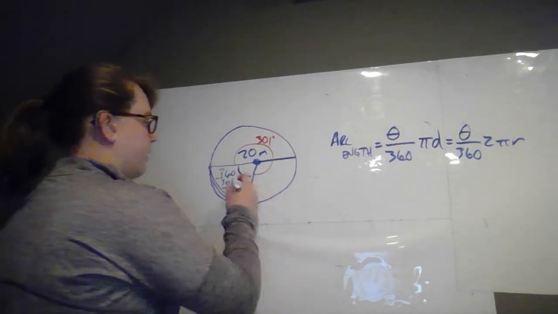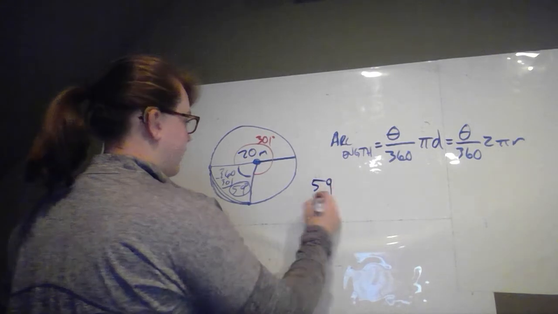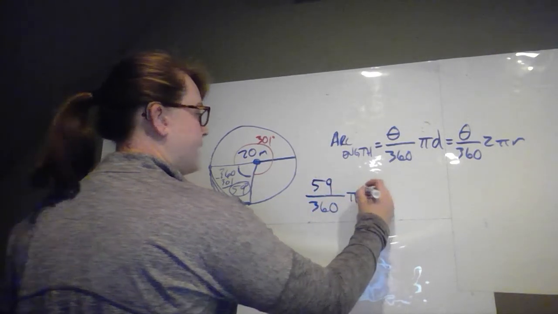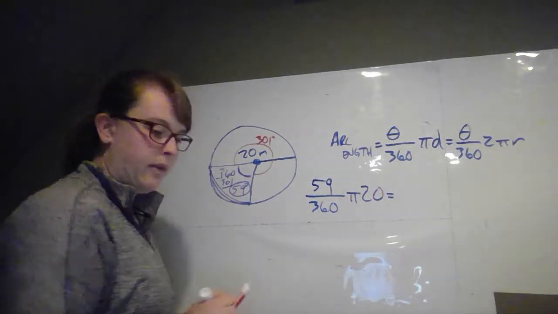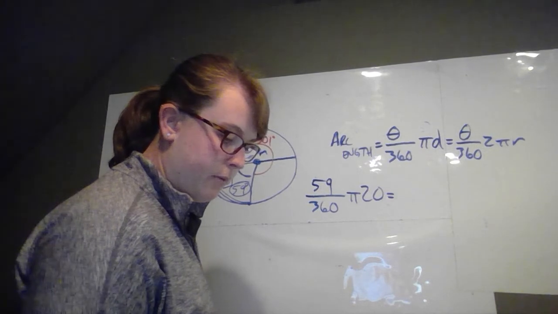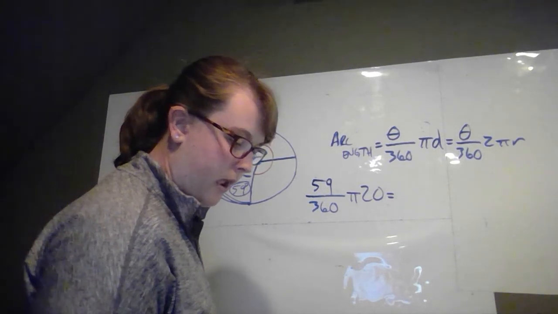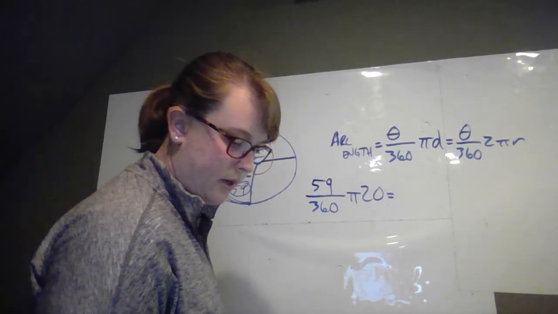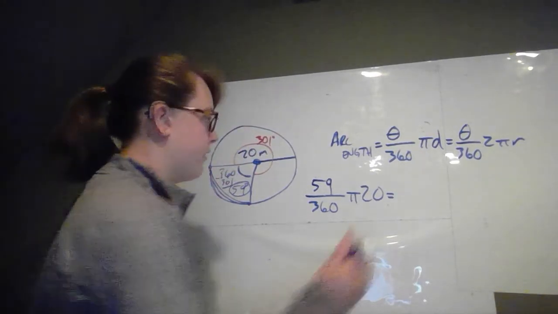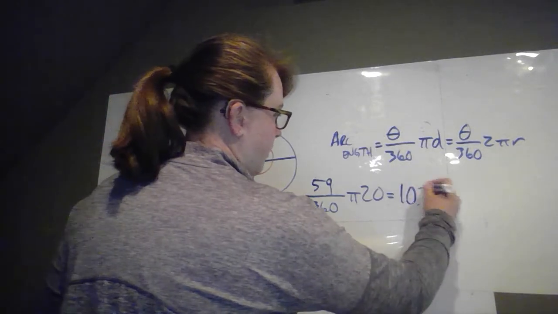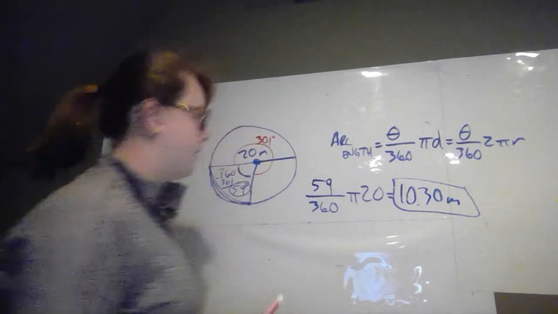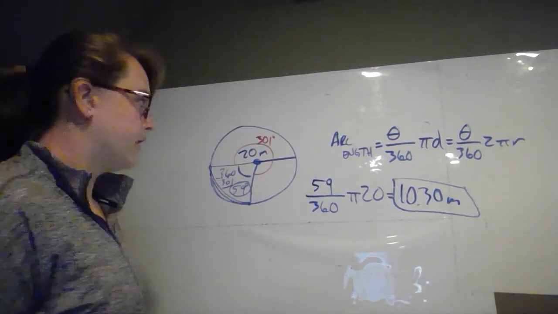We take our angle, 59 degrees over 360, and that's times pi times 20. And we type that into our calculator. So 59 divided by 360 times pi times 20. And we get 10.30, and that would be meters. All right, so that's another example.